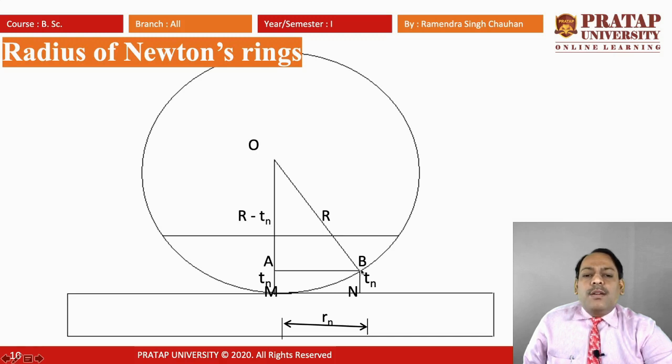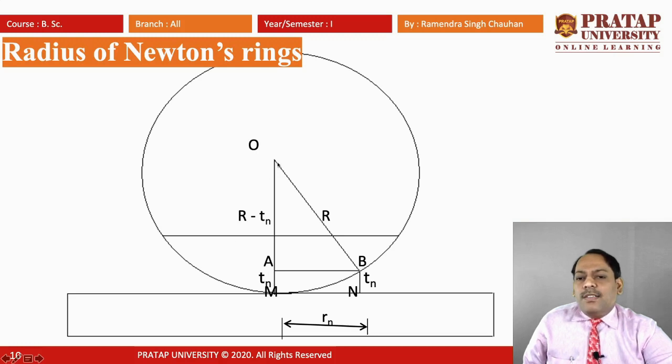So AB will be equal to Rn, the radius of the ring formed at thickness Tn. And on the plate P, we have M and N opposite to A and B, and this is again thickness Tn.